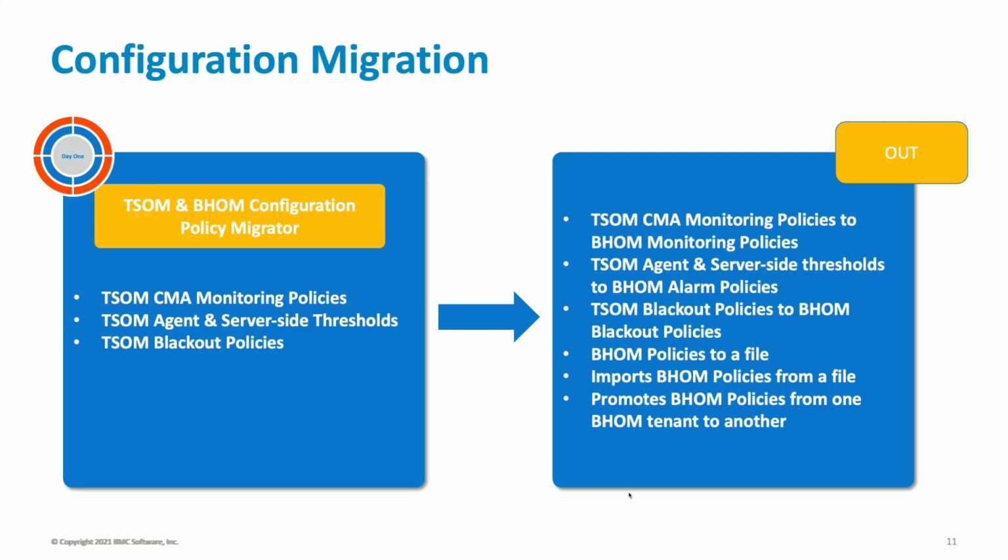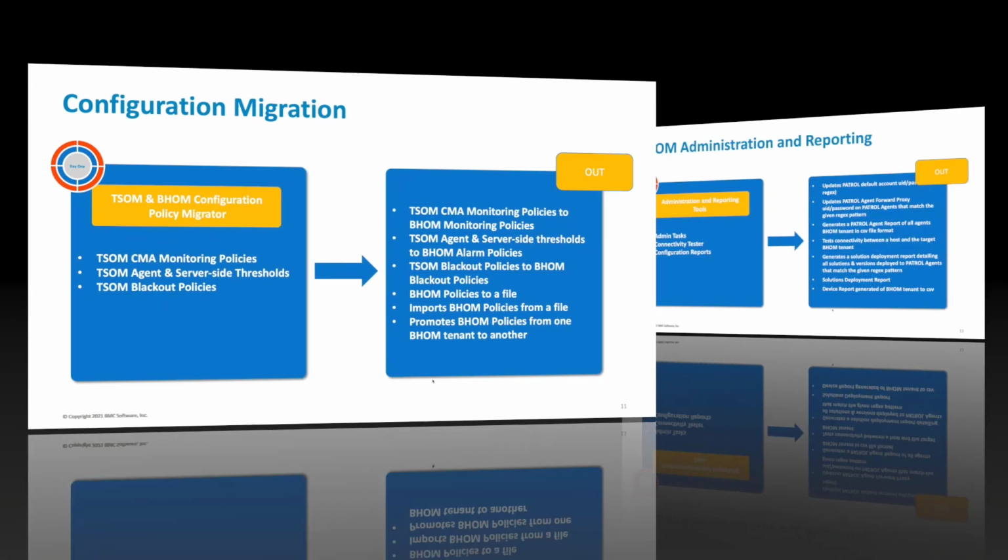So you could have, for instance, a test system or a development system where you develop these types of policies, the blackout policies, the thresholds, you test them, you say it's okay, and now I want to export these from the system and import them into my production system. And the Configuration Policy Migrator will help you do that.